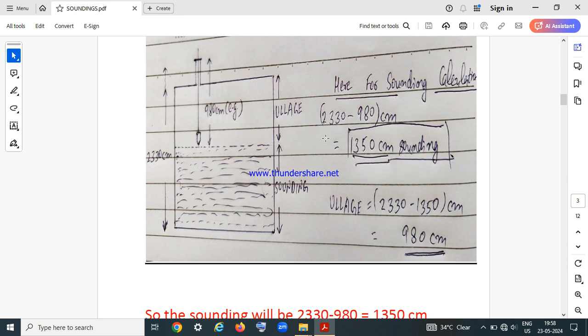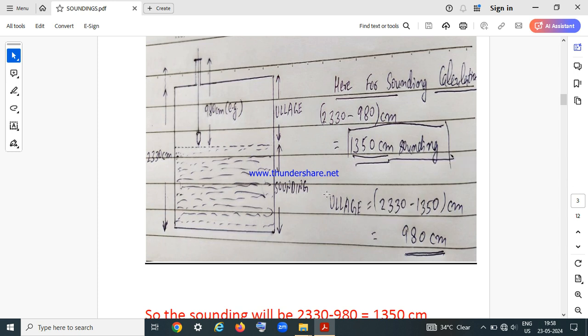This is the rough value because I am giving rough example. So here you can see this sounding bob of the sounding tape is just touching the liquid level. So it is not past even 1 centimeter inside the oil. So it is just touching. So that's why we are taking 980 exact value, 2330 minus 980. So this is the sounding.